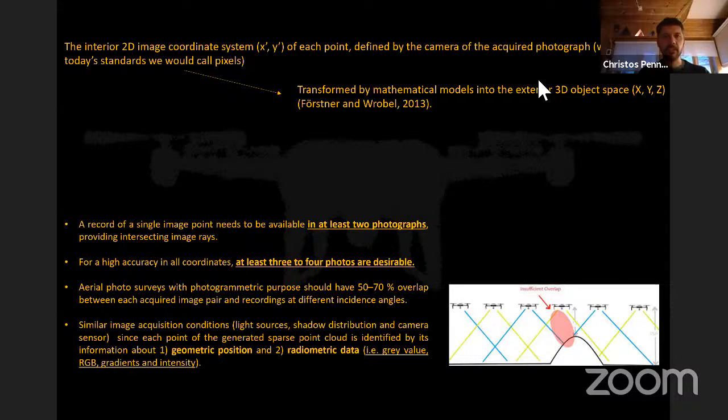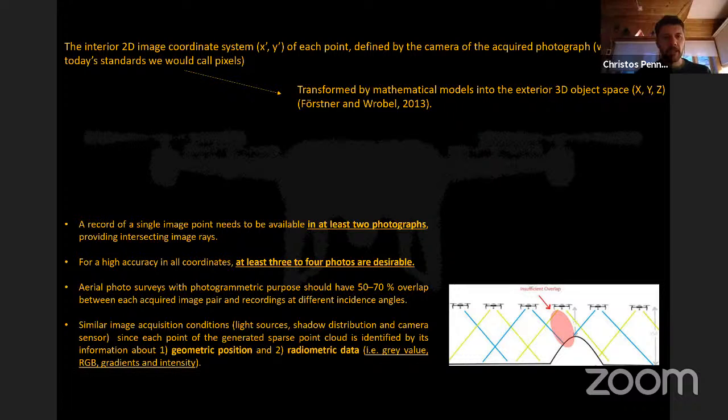So the pixels that each photograph has, the X and Y, we combine them, use a clever algorithm and transform them by using mathematical models into the exterior 3D object space that will give us X, Y, and Z coordinates. This definition is also taken from Förstner and Wrobel in 2013.